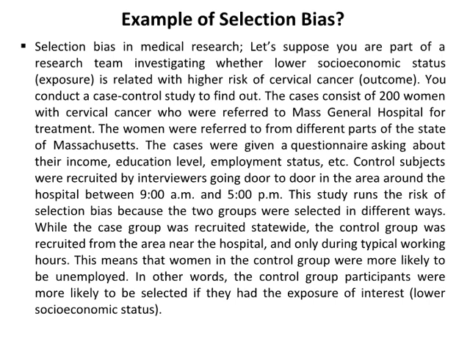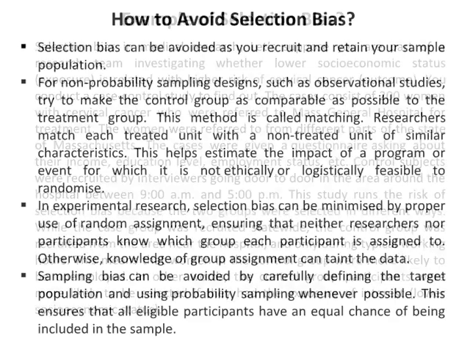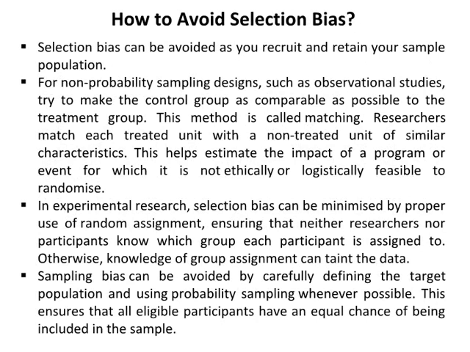This means that women in the control group were more likely to be unemployed. In other words, the control group participants were more likely to be selected if they had the exposure of interest, lower socioeconomic status.